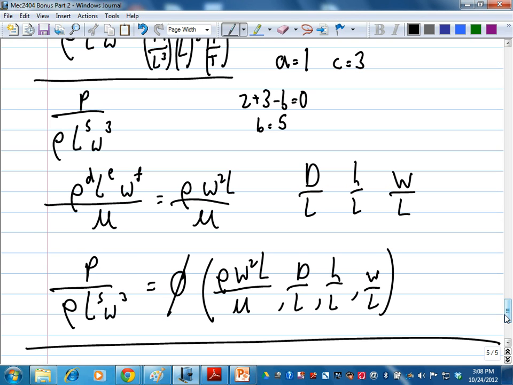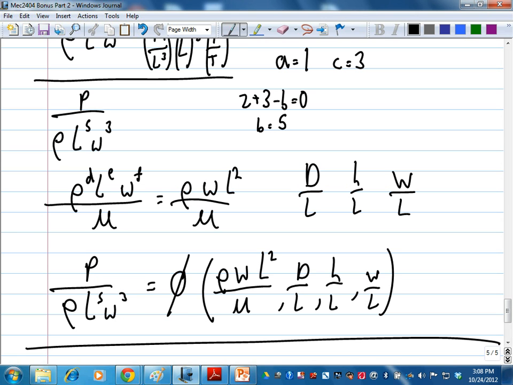Oh, sorry, this one is wrong. This should be squared here. Inverted also still okay.